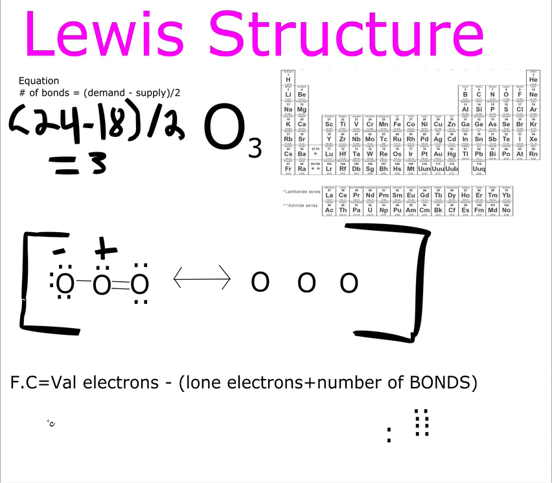But I'll still do it. Once again, 6 valence electrons for oxygen minus our lone electrons, which is 1, 2, 3, 4, plus the number of bonds, which is 1, 2, or just a double. 6 minus 6 equals 0. So that is what our structure should look like.